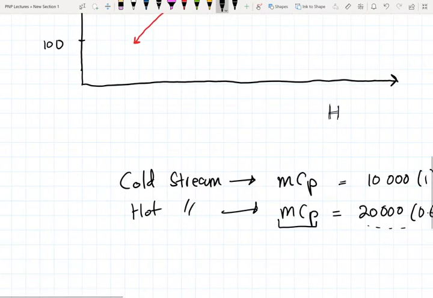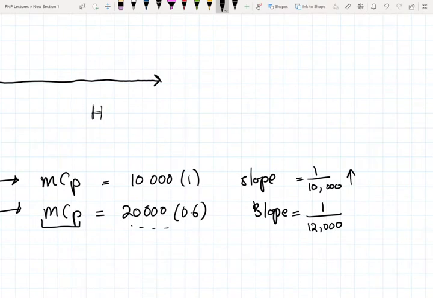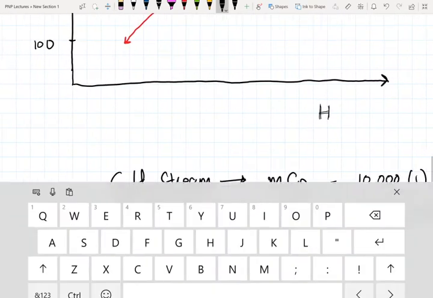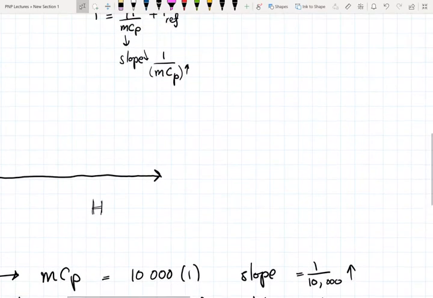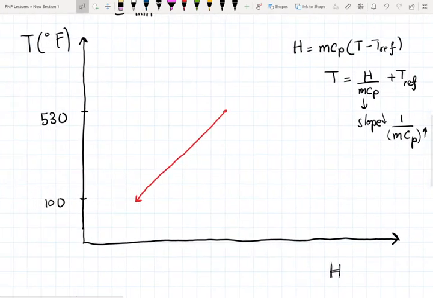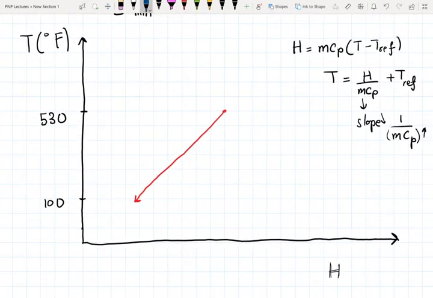So the cold stream actually has the bigger slope. What that means is, on the temperature enthalpy diagram, your cold stream curve is going to be steeper, and you can see it still has to go from 100 to 530. That depends on our source and target temperature.